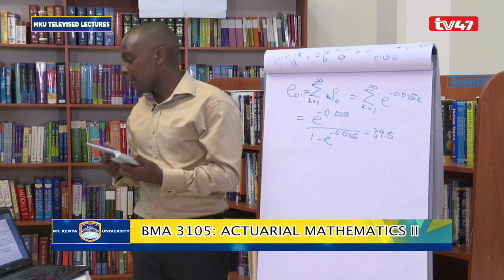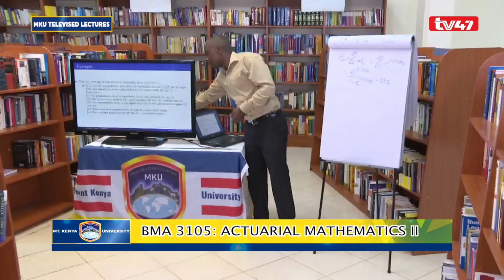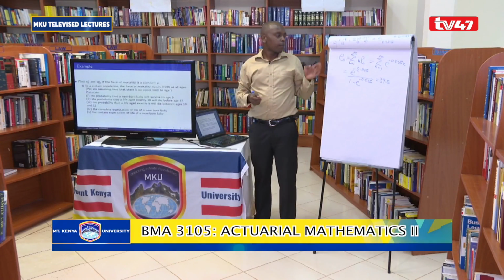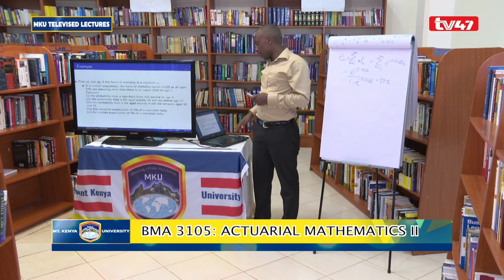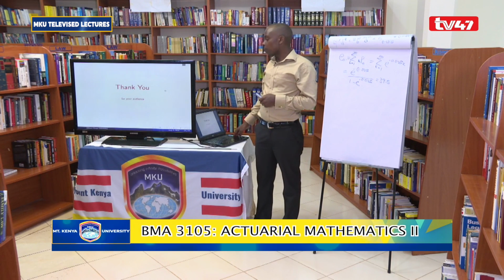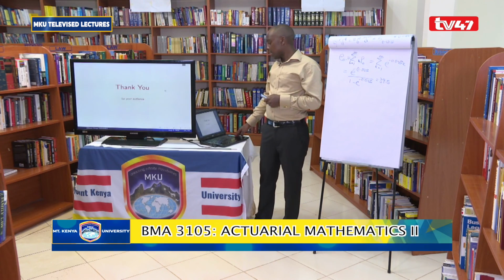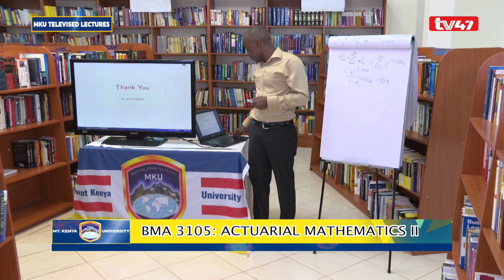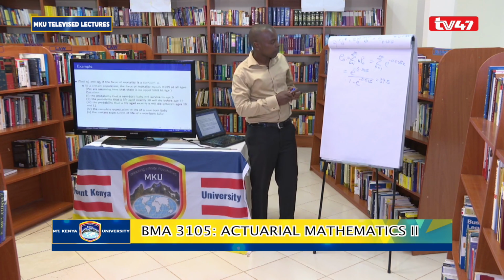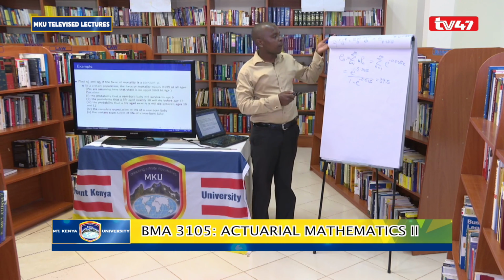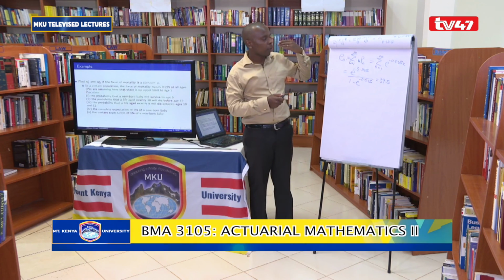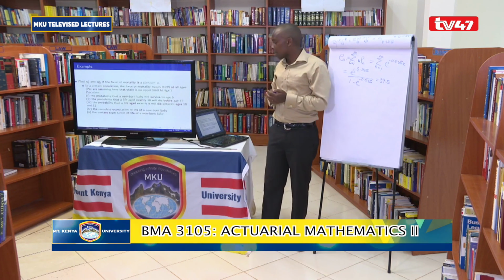So there is a fundamental relationship between the curtate expectation of life and the complete expectation of life, and since the two are related, we can approximate one from the other.